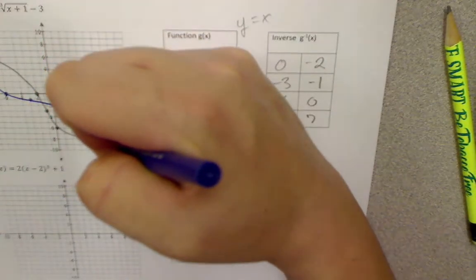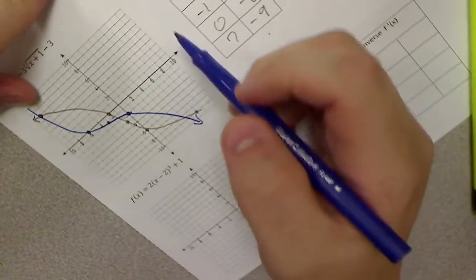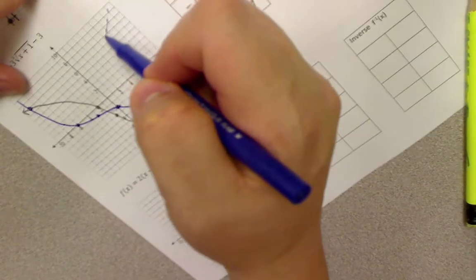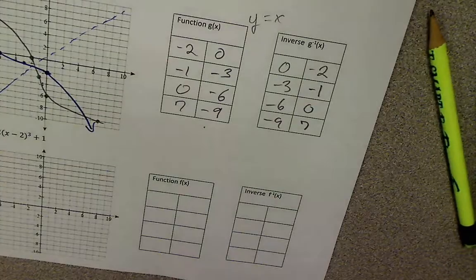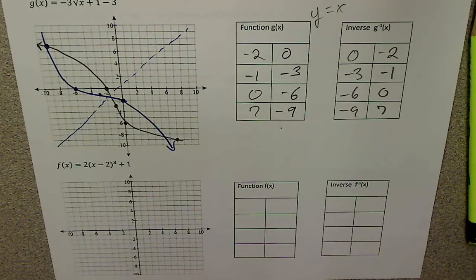You can get some really nice artistic things, and that was a little off. But again, you should see a reflection along those lines, okay?